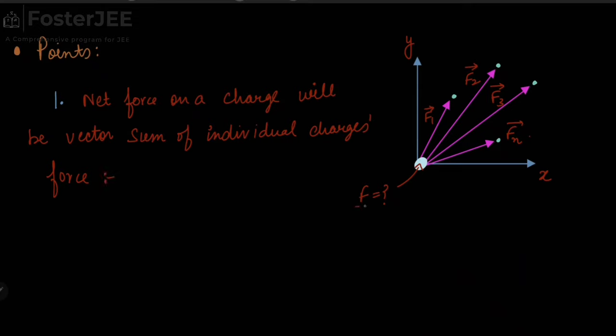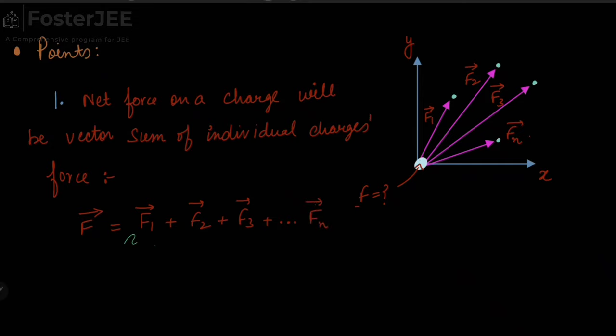That is, vector F is equal to F1 vector plus F2 vector plus F3 vector plus so on up to Fn vector.